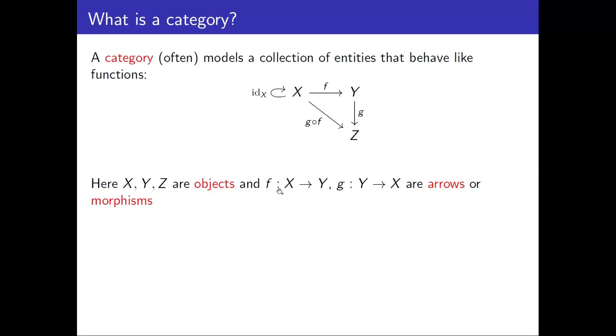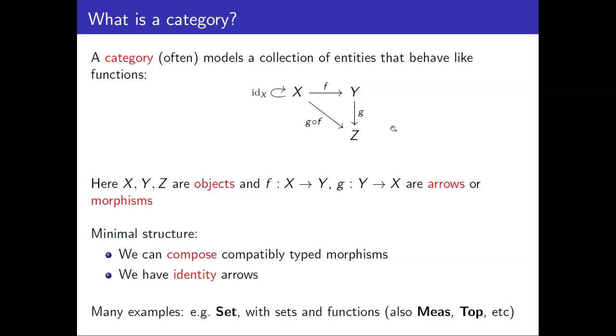You say you have these arrows, F and G, called arrows or morphisms. I'll try not to split between both terminologies, but I might say either one or the other. And these satisfy the axioms I just mentioned: you can compose compatibly typed arrows or morphisms, and there are identity arrows for each object. And that is the definition of a category.